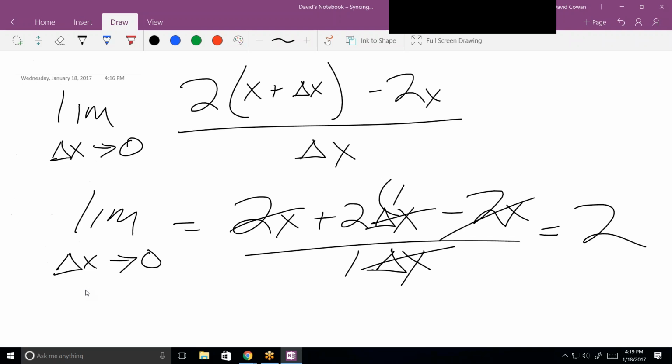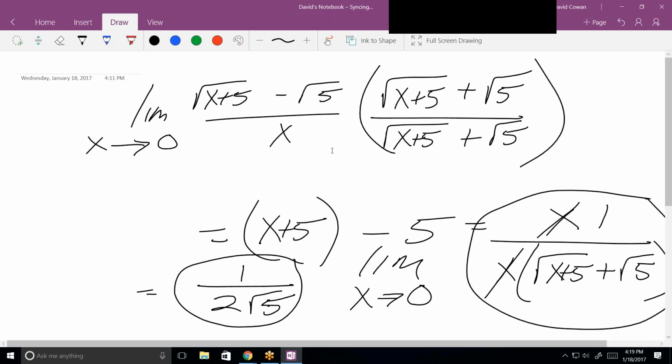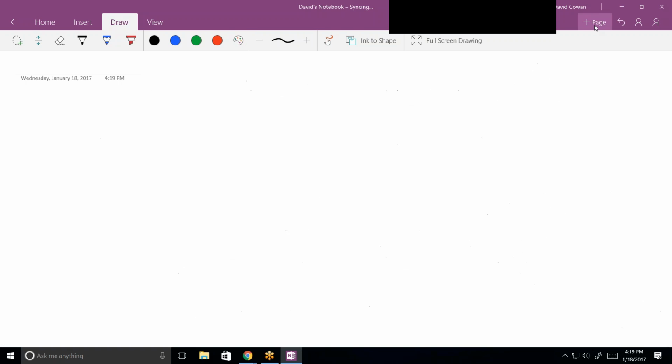In other words, on this problem here, by multiplying top and bottom by the conjugate, I was able to then factor an x from the top and the bottom, leaving me no longer with 0 over 0. And that's the secret to all of these limit problems.